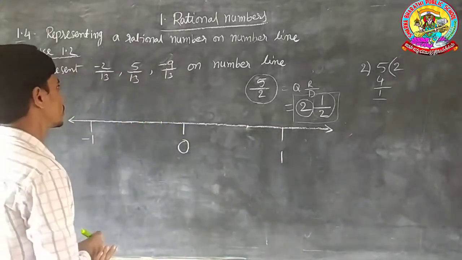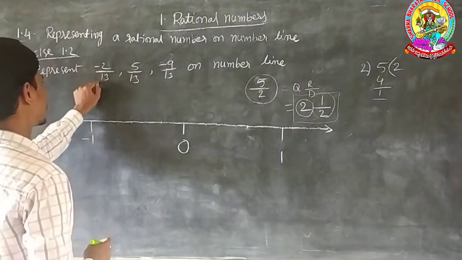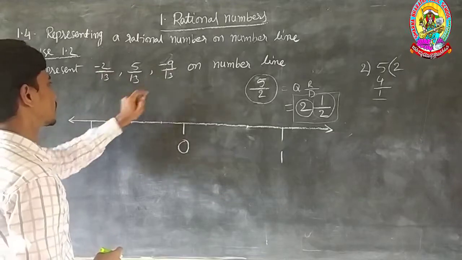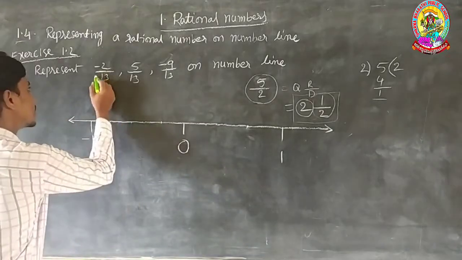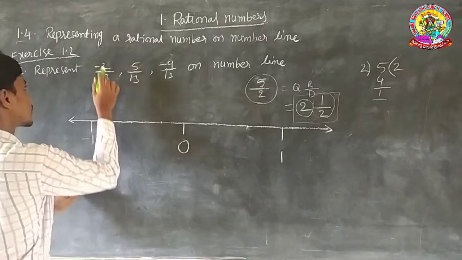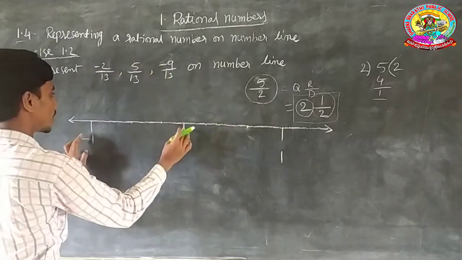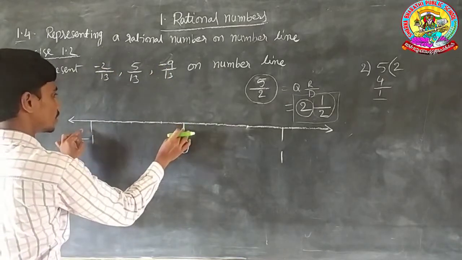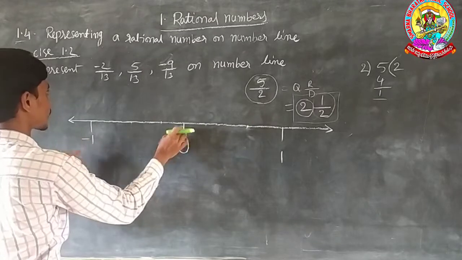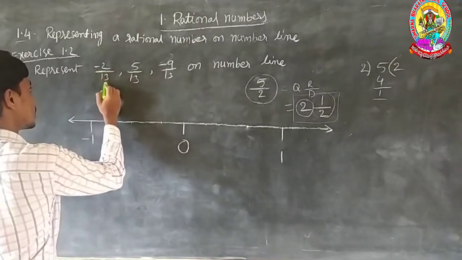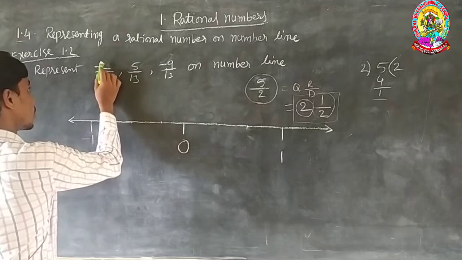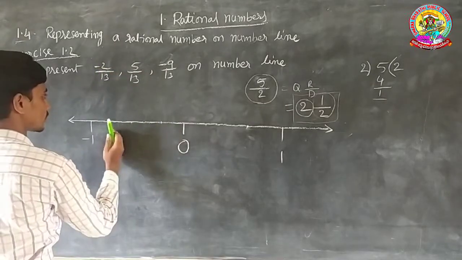After that we should compare the denominators that were given. Here the denominator is 13. Since it is minus, the given number is in between 0 and minus 1, on the left side, at the 2 by 13th part.